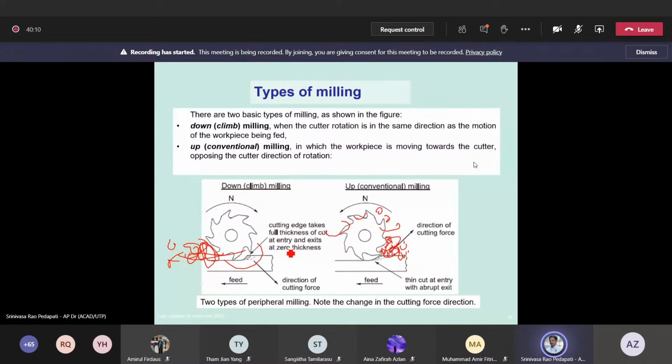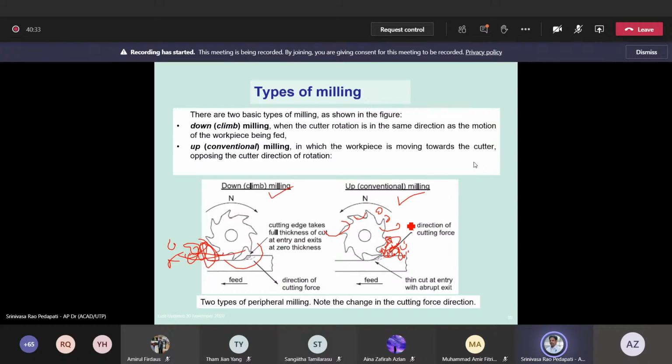So if you want to machine huge amounts, then we go for down milling. When you want very little depth of cut, then we go for conventional milling. So this is the selection.